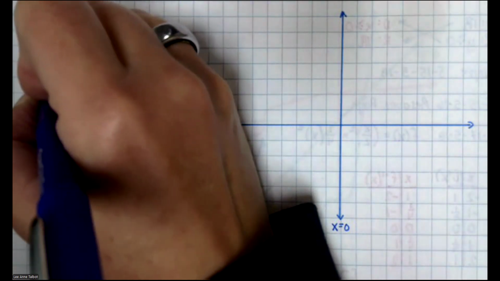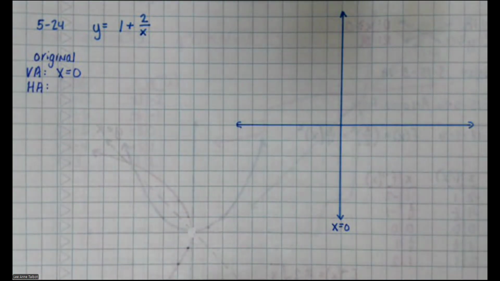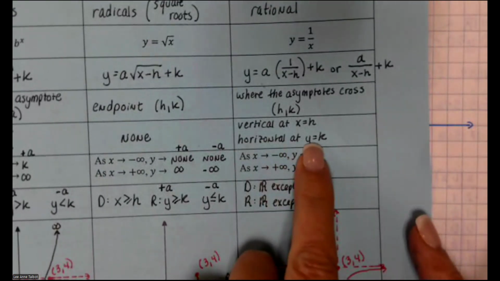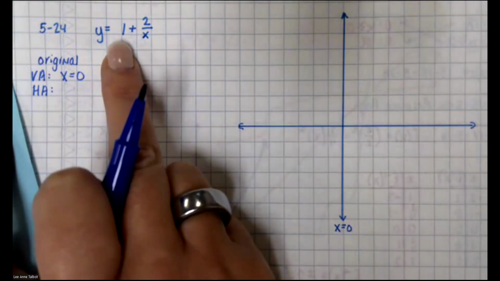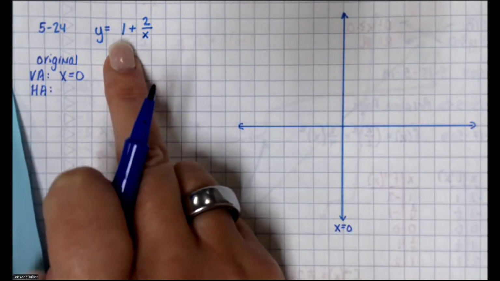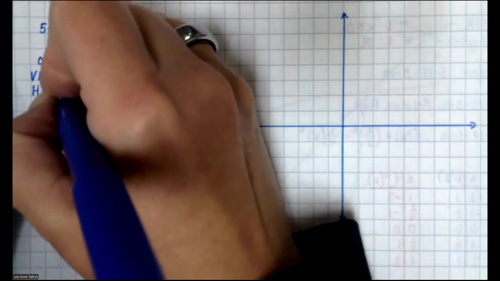Okay. Next question. My horizontal asymptote is at y equals k. Notice in this one, they were jerks and put k up here.